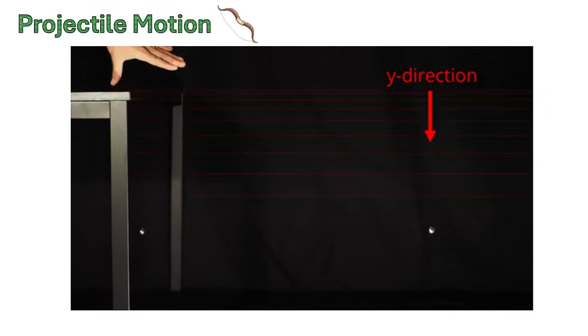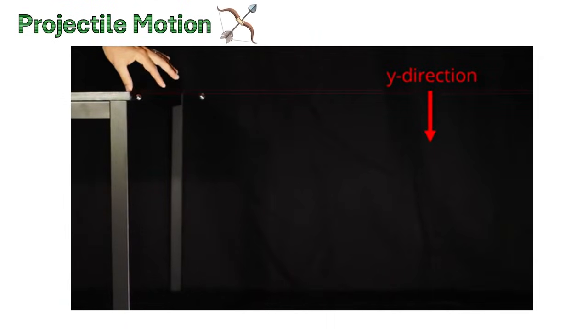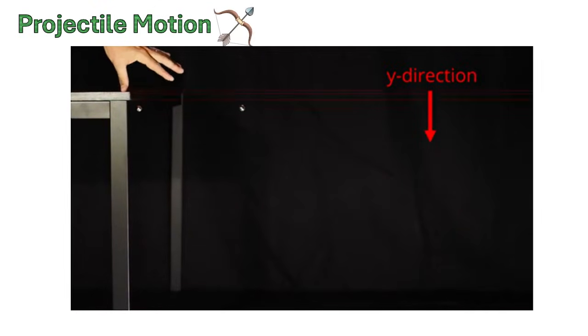The red lines there are the points where those two marbles are at the same height. See, same height. That is the same y.